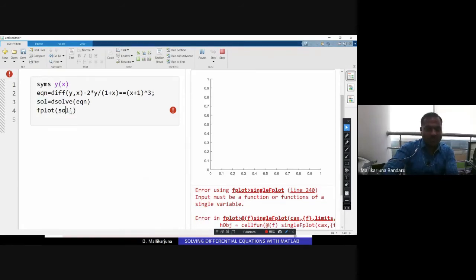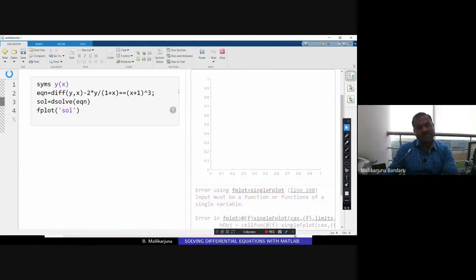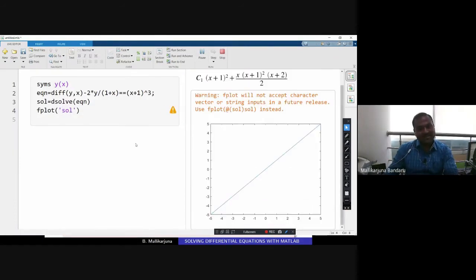Otherwise, it doesn't appear. And one more thing, there are some arbitrary constants, right? Yeah, it is. So this is the curve, I mean a random curve. This is the fplot of solution. Okay. So the fplot is not required for this case. So this is the solution.